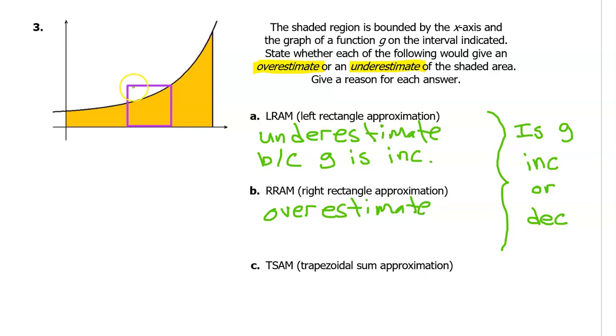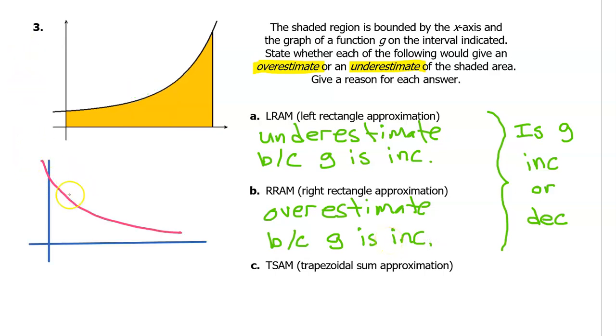You can see all of this extra area that's being included that's not actually under the curve. So we have an overestimate. And the reason will be the same because the right rectangle method will always give you an overestimate when the function is increasing.